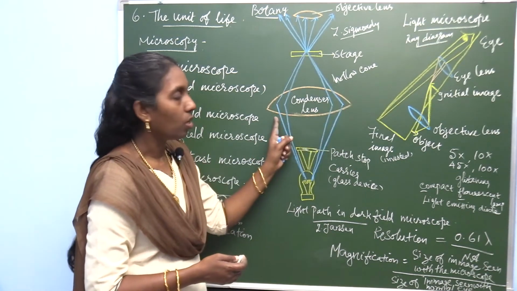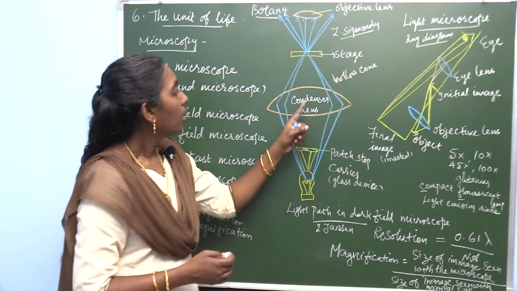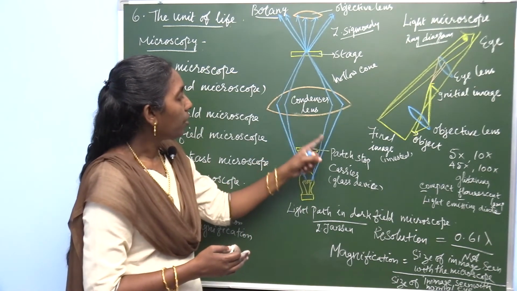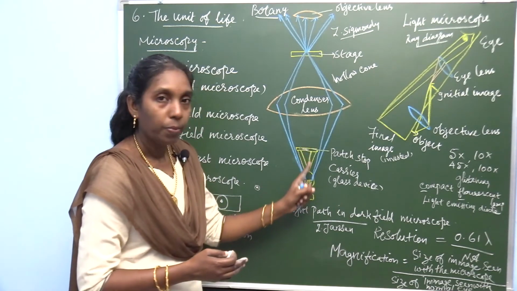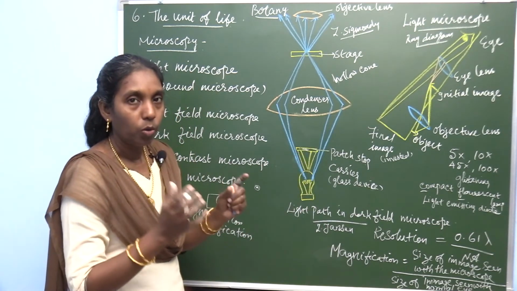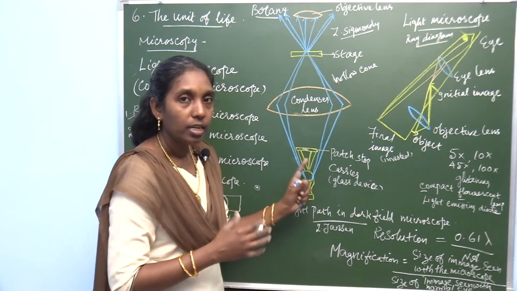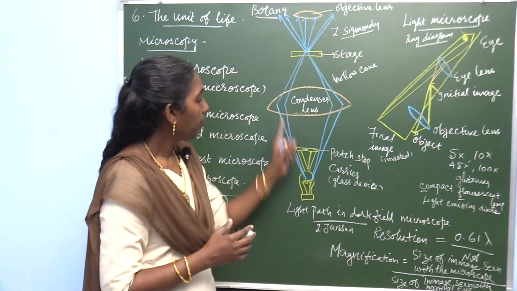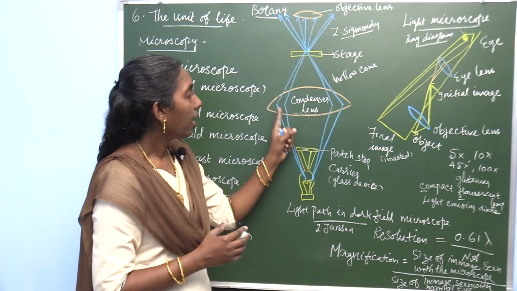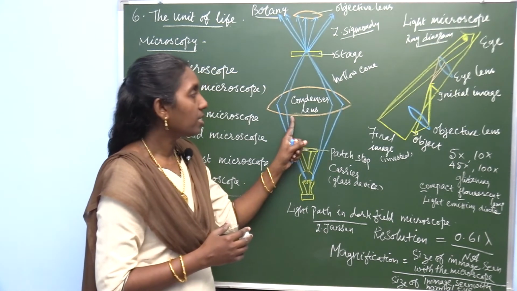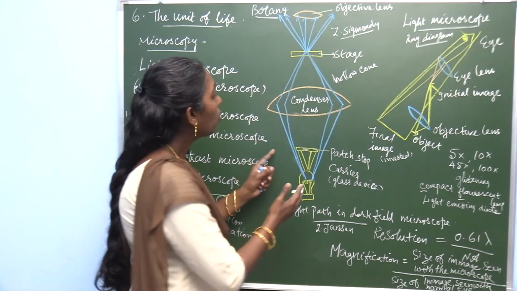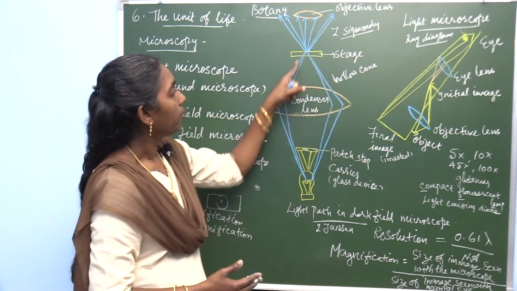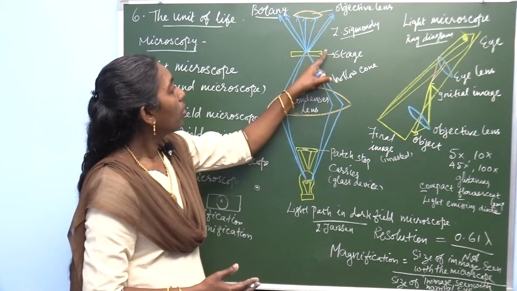When the light rays pass through this small pore along the margin of the glass device, it focuses on the condenser lens, and the light goes as a hollow cone.